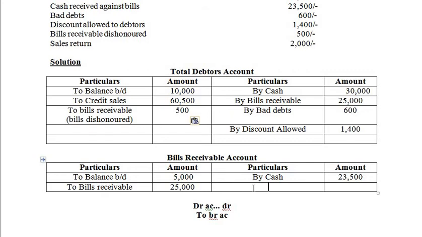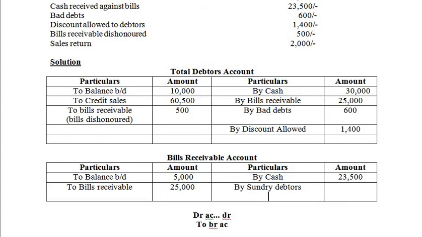So by sundry debtors, in the bracket bills dishonored, and the amount is how much? 500.